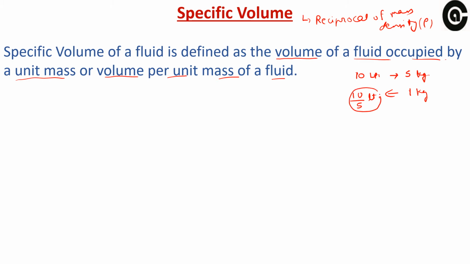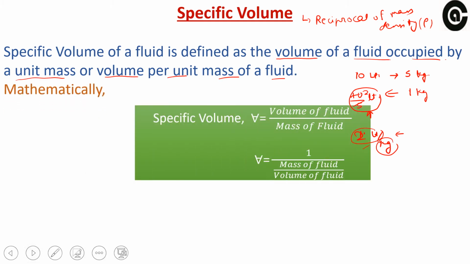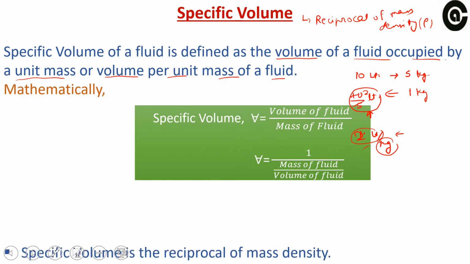So this is the specific volume, 2 liters per kilogram. So 1 kilogram contains 2 liters of the fluid. Generally the specific volume is basically applied to gases.